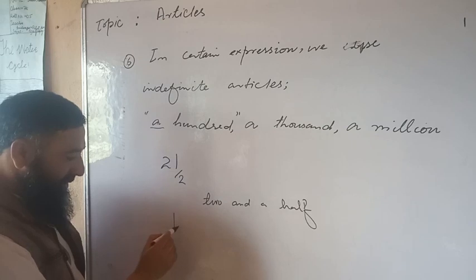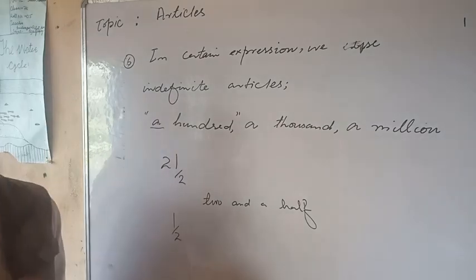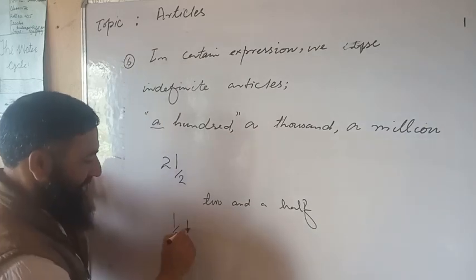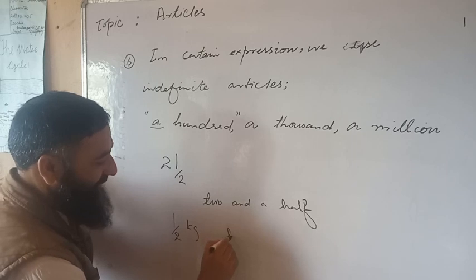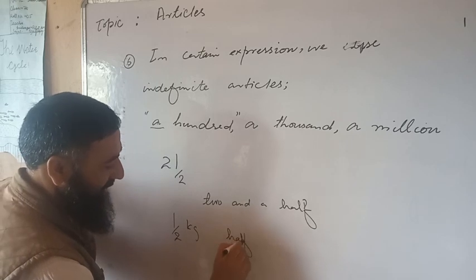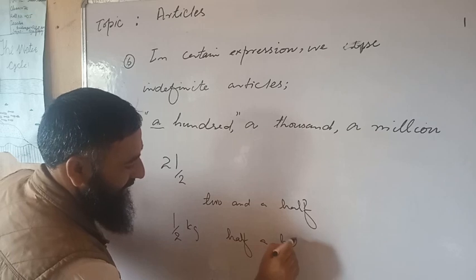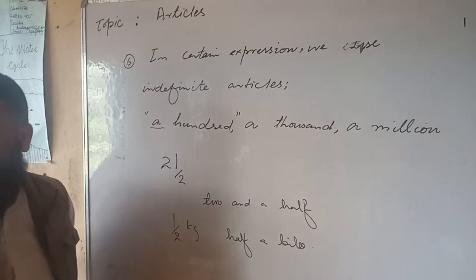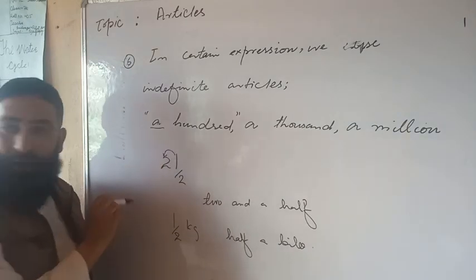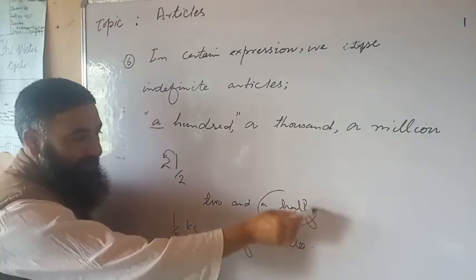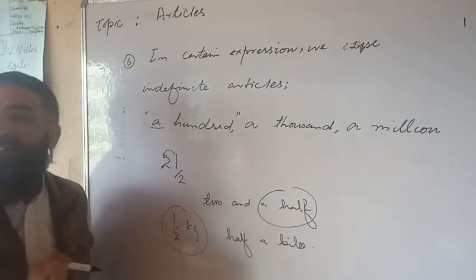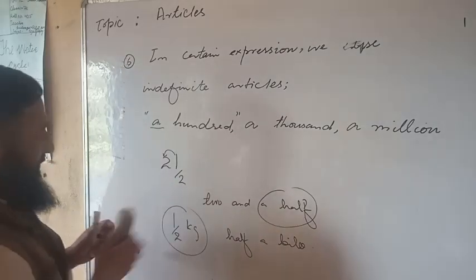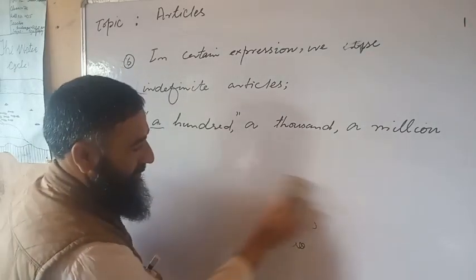If it is alone, not preceded by a whole number, then you will write half a kilo, half a kg. This way. Are you getting me? If it is alone, then you will not use a before half. Is it clear to you? Okay. We'll move on.